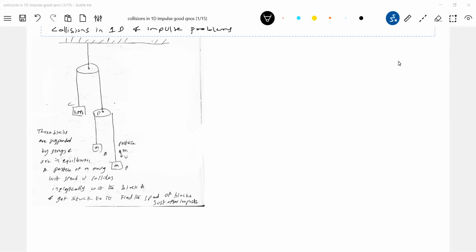A particle of mass m moving with speed u collides inelastically with block A and gets stuck to it. Find the speed of the blocks just after impact.